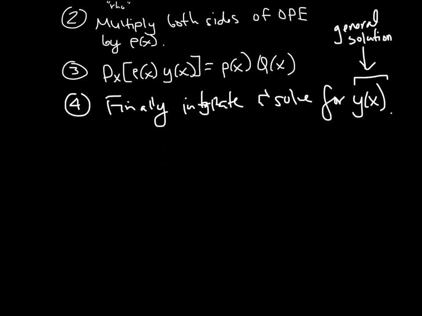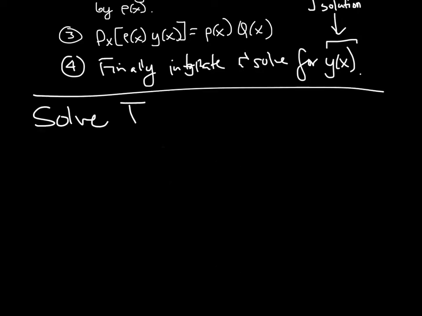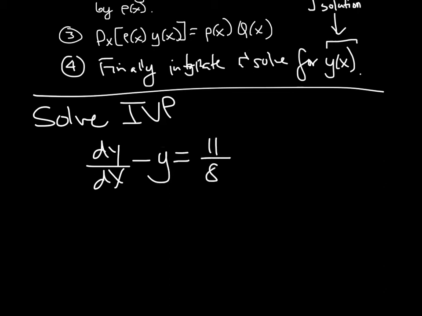See, I'm at 3 minutes. So let's start. So solve the initial value problem. And the initial value problem is, I'm just rewriting this guy, 11/8 e to the -x/3, or a third x.